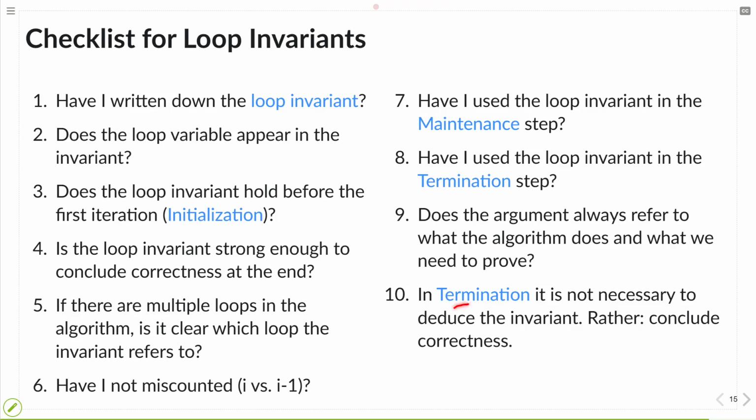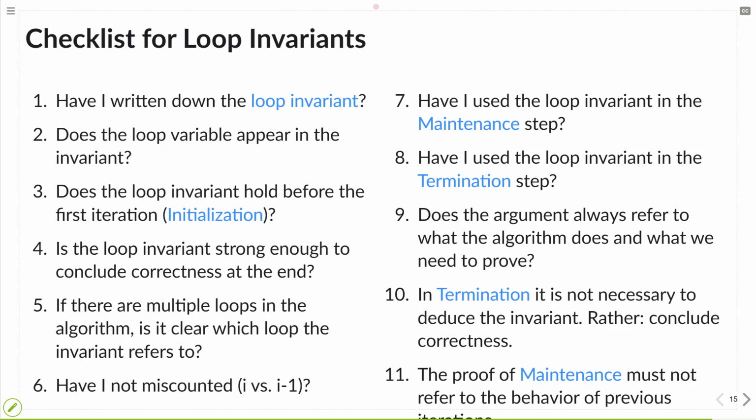The termination is not about proving the loop invariant. The termination is really about using the loop invariant to conclude something interesting about the algorithm, most commonly to prove that the algorithm is correct. So initialization and maintenance prove the loop invariant, termination uses the loop invariant.